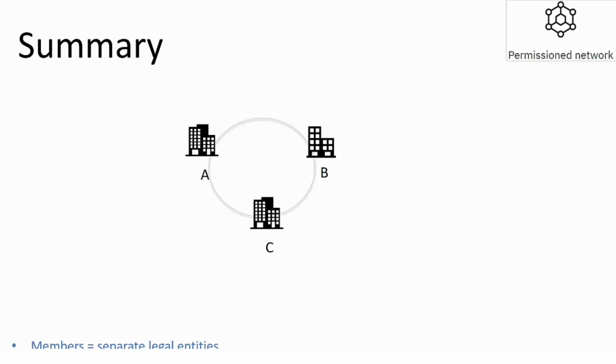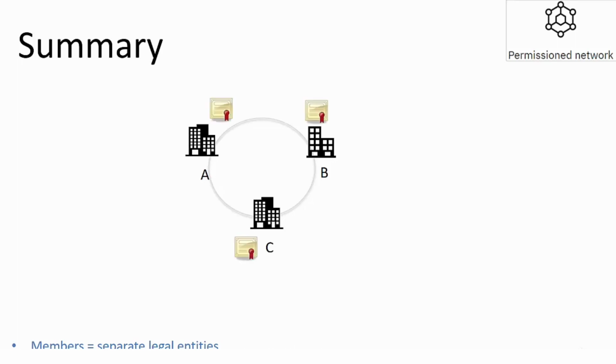Hyperledger is a permissioned network. All entities participating on the network are known and have an identity which is assigned by way of X509 certificates. Certificates are issued to all participants, infrastructure components, and members. Members are legally separate entities. These are the organizations that have decided to adopt blockchain for process automation.